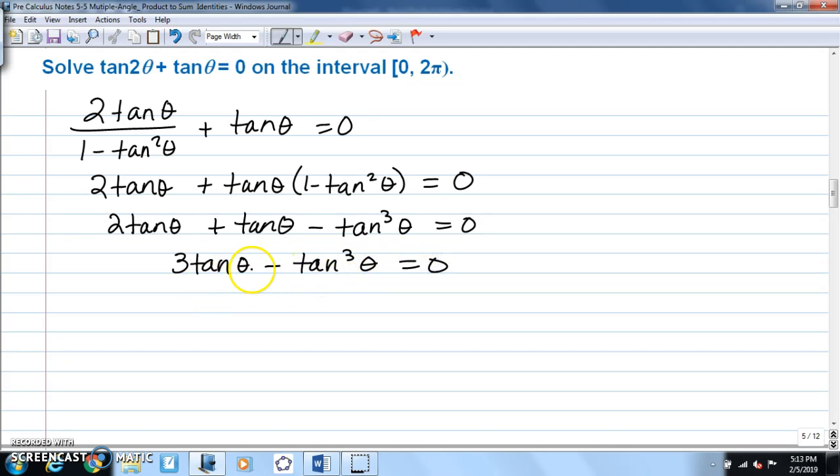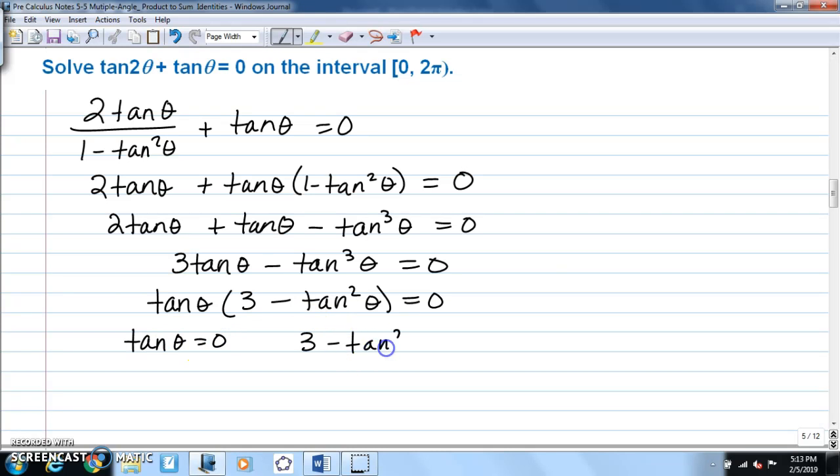Well, now these both have a tangent in them, so I can factor that out. Here I have a 3 left. Here I have a tangent squared of theta left. So, when you have two things multiplied and they're 0, either one or both of them is 0. So we set those each equal to 0. Where's tangent 0?